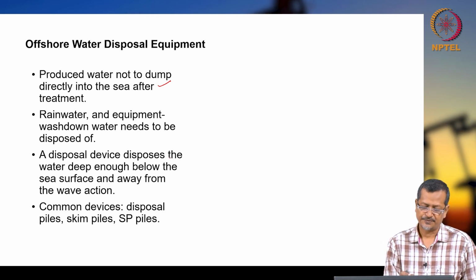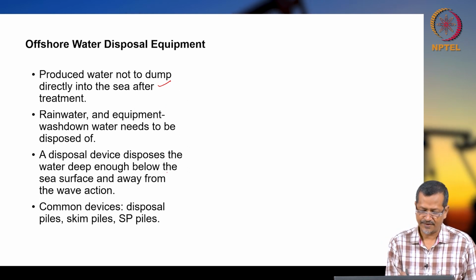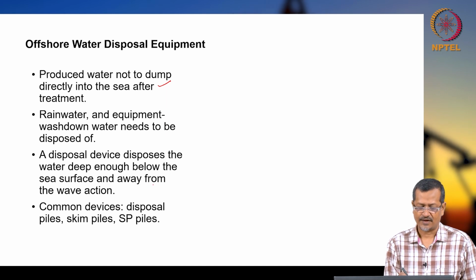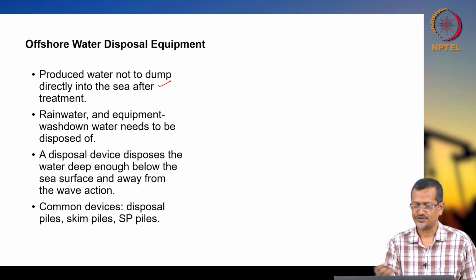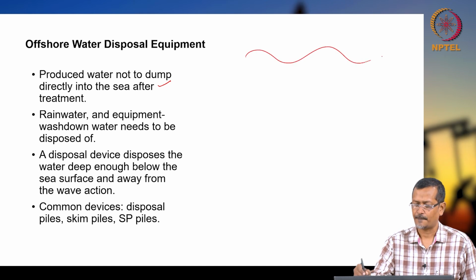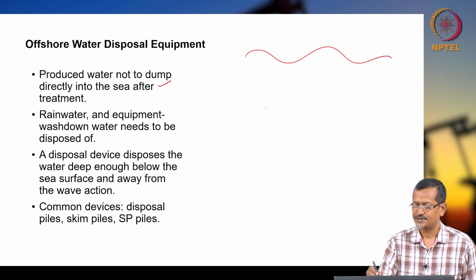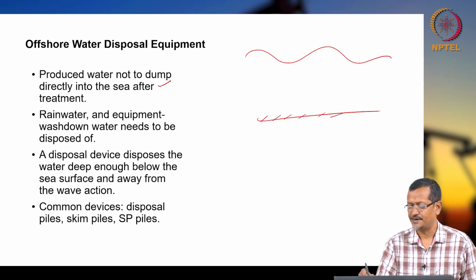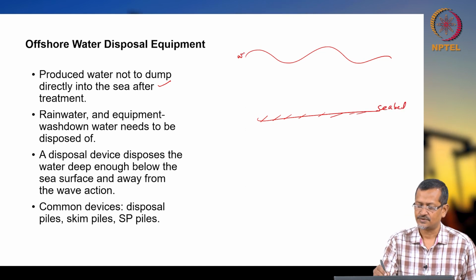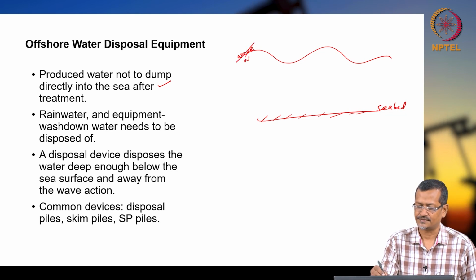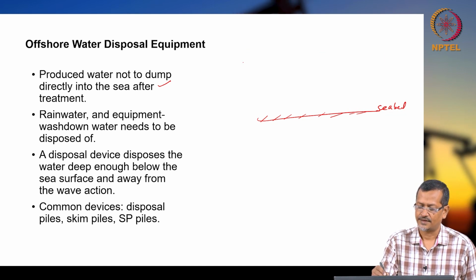Okay. A disposal device disposes the water deep enough below the sea surface and away from the wave action. Wave action means, if you see the ocean surface and ocean seabed, and this is the ocean surface, I will write ocean surface.